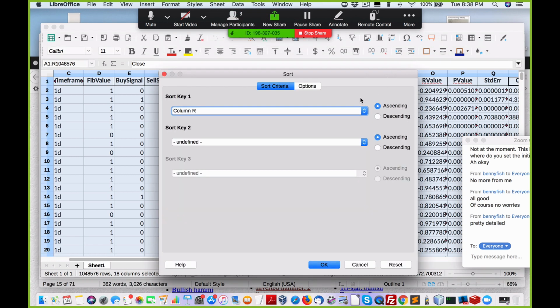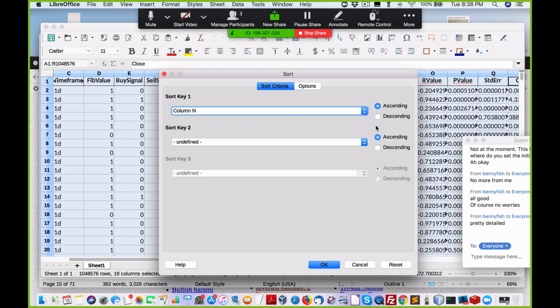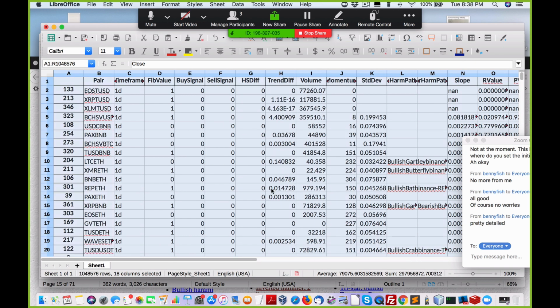So that's column N. Sort it descending. This is just an example to show you what our strongest pairs are at this point. Again, these were generated in March.